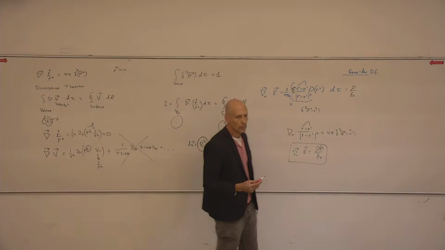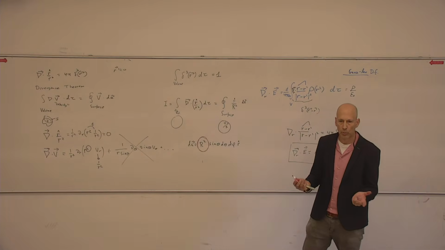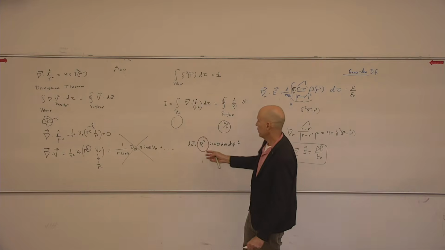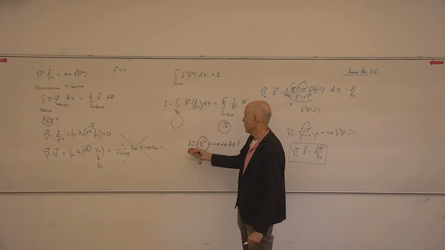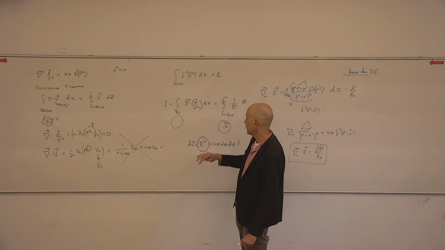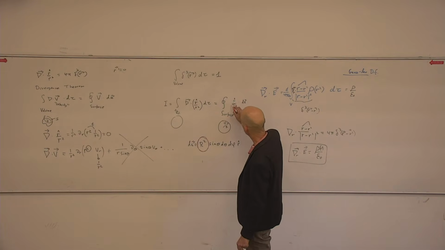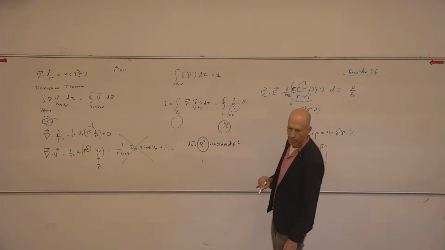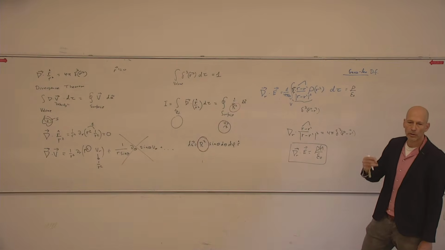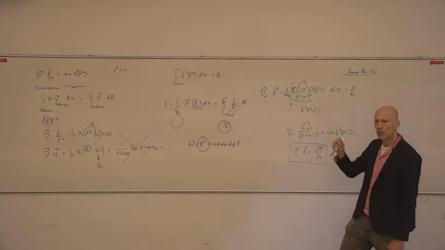Why is this 2? This is because we are working in a three-dimensional world, right? This dA is the surface, and for a surface in three dimensions, you have here the 2. And the 2 here and the 2 here cancel. That's what I said before, that the Coulomb law is 1 over r to the power 2.